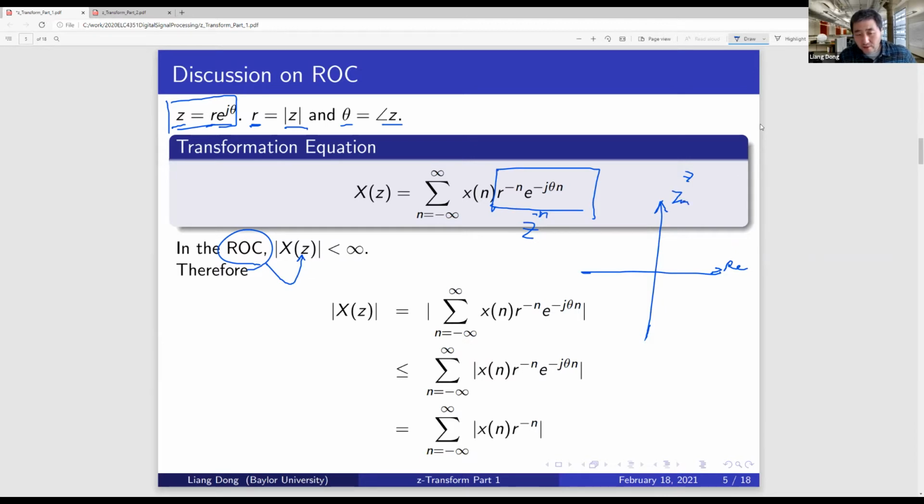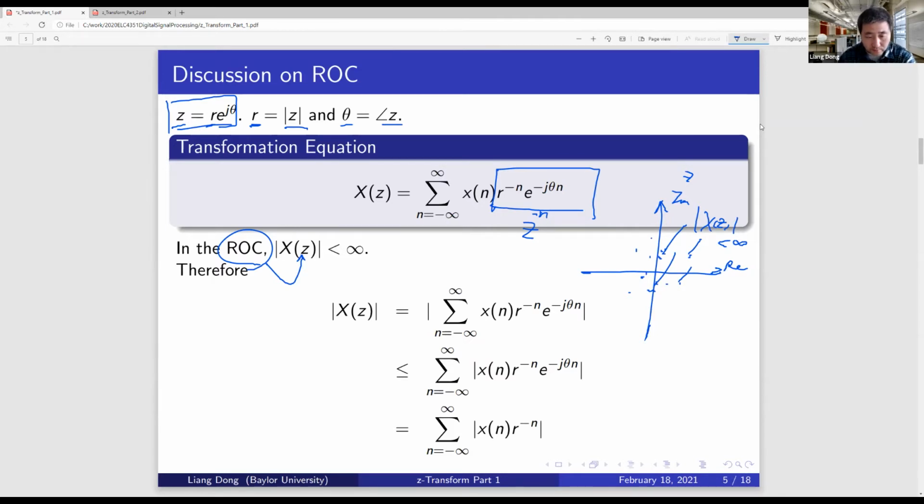And I want to find those z values in this plane such that if I evaluate this X(z), it will be finite. If this is satisfied, these points are in the region of convergence. All these points form a region of convergence.